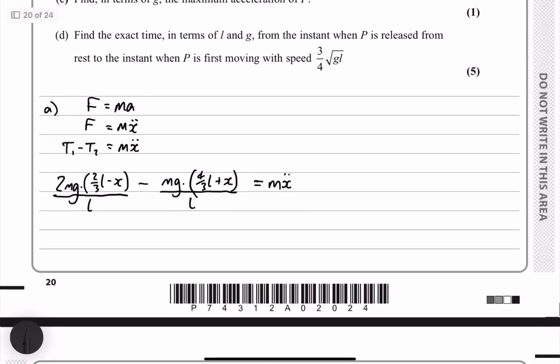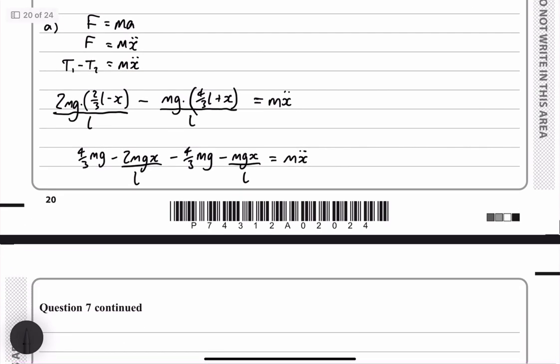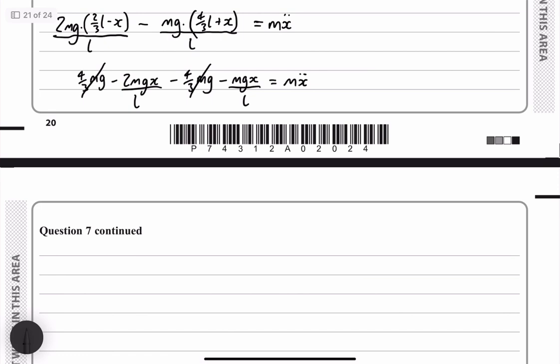Now expanding these out, we've got 4/3 mgL over L, so I'll split the fraction as well and cancel that, minus 2mgx, and this part is still over L. From the second one, we've got minus 4/3 mg, and again the L will cancel for that one, minus mgx over L, and as often happens here, we've got some lovely cancelling.